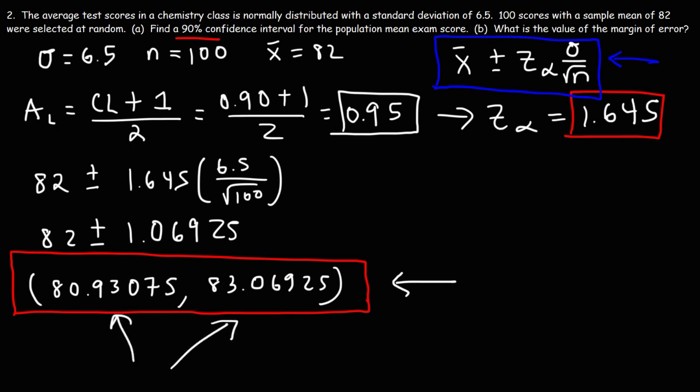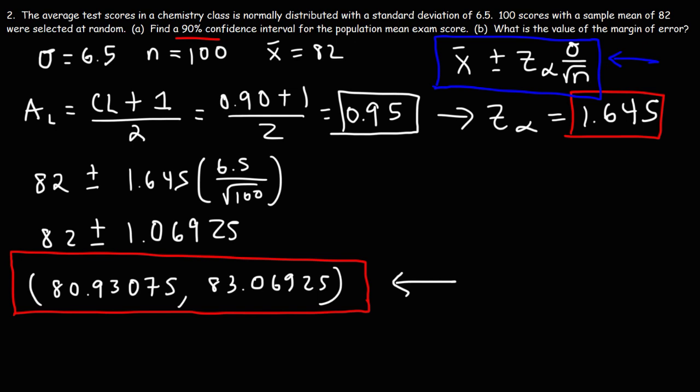The other 10 samples we expect will have a mean outside of those two values. Sometimes when you have a homework problem, you need to explain what this range of values means in the context of the problem. So that's what you do if you have to do that.